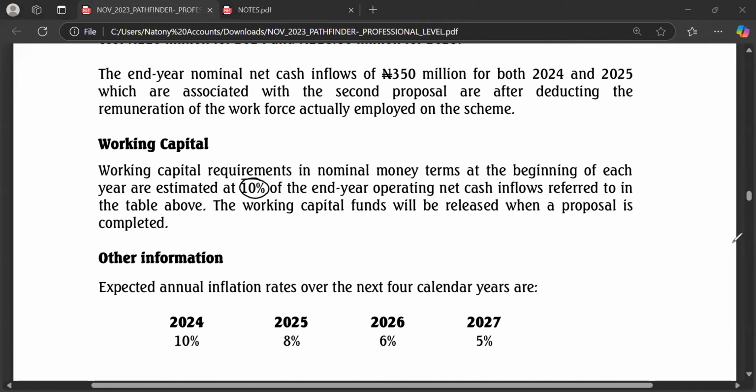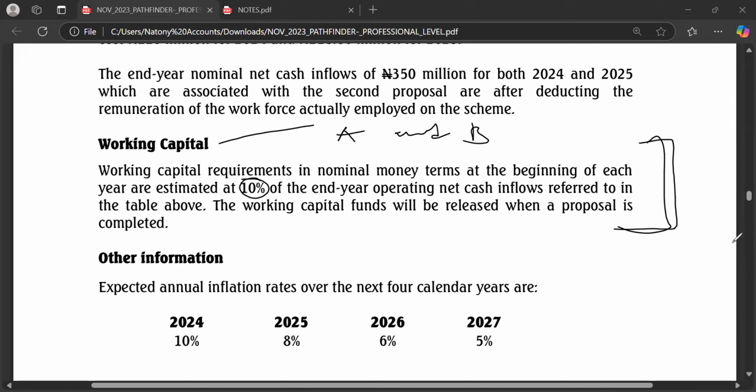So now the question you may want to ask yourself: this working capital here, does this information relate to project A and project B? Okay, the answer would be yes, because since it is the same project, they will also expect the project to have working capital, whichever method you are using.